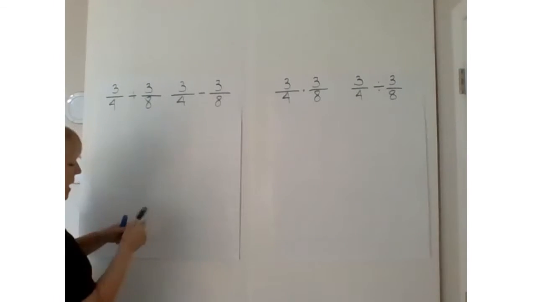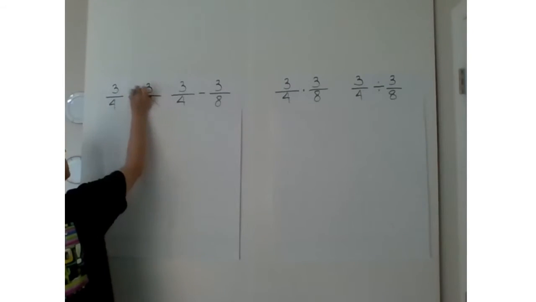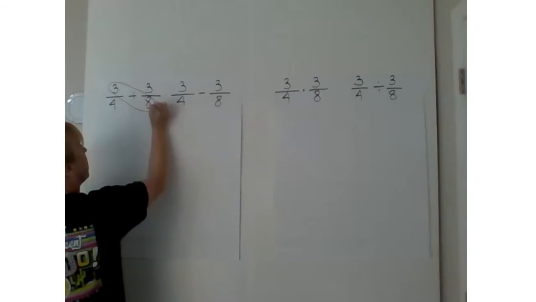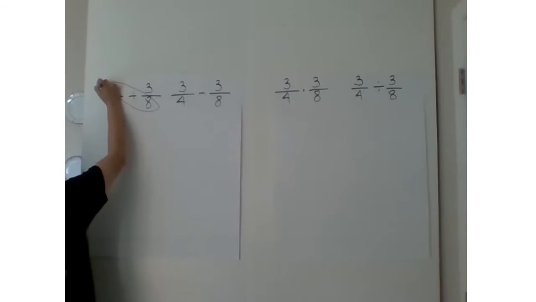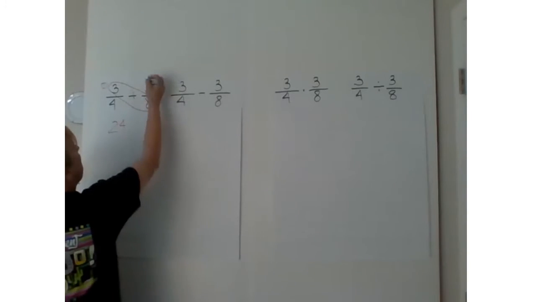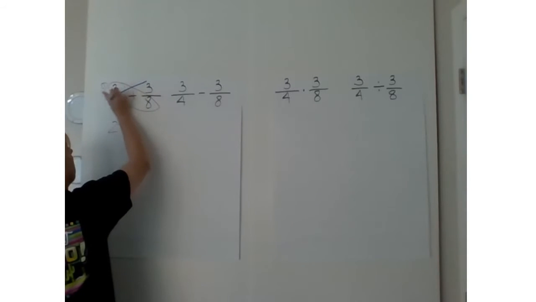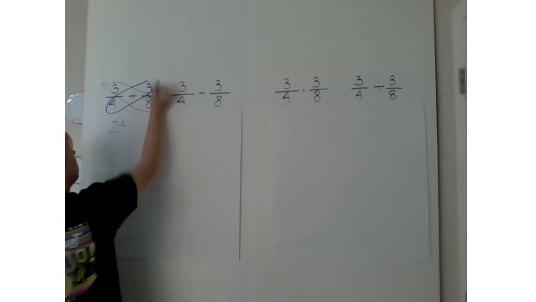So our first step is we're going to multiply, and you heard me, we're going to multiply 3 times 8, and 3 times 8 is 24. Okay, so that's my step 1. My second part is to go and multiply 3 times 4, so that's what we're going to do second.